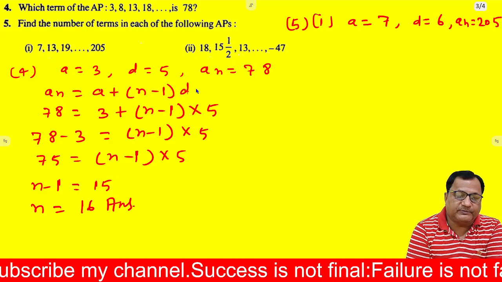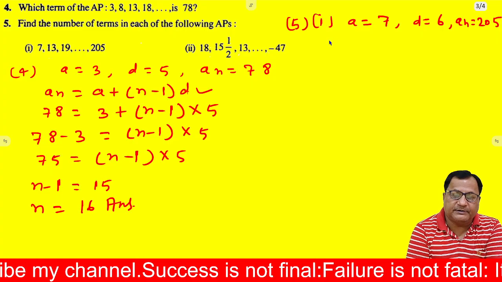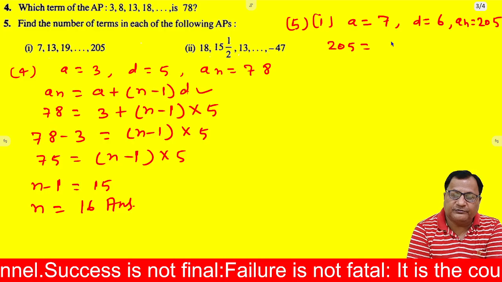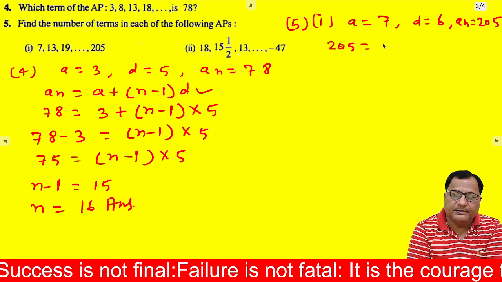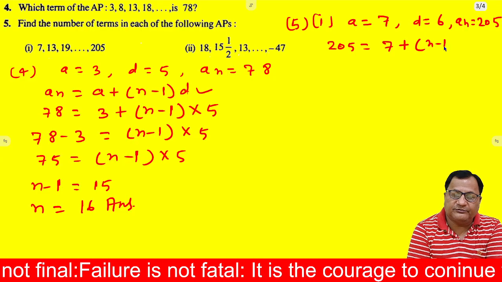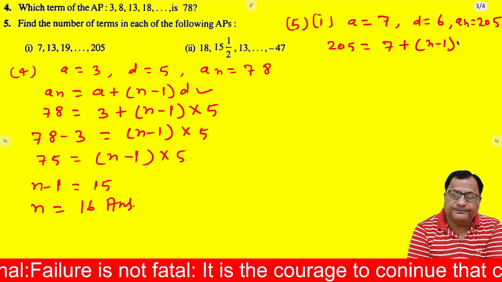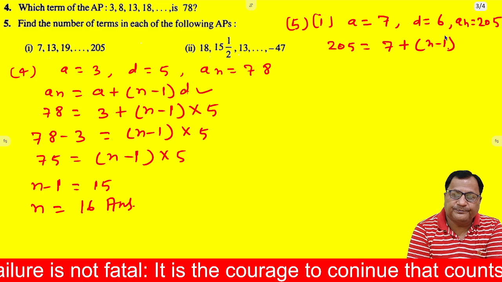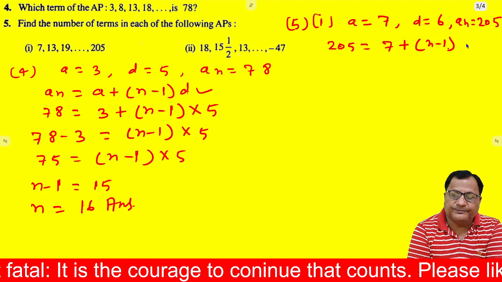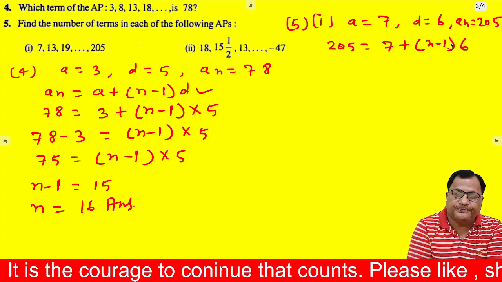So using this formula we will write 205 is equal to 7 plus N minus 1 into D. D is 6. So 6.